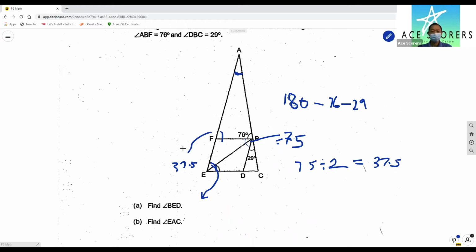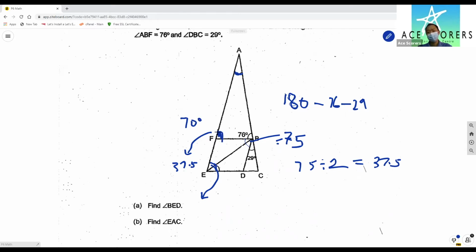Here also 37.5. Right? Wait, the answer is 29. Okay, sorry, it's 70. So this whole thing is not 37.5, sorry, it's 70, because you got to multiply by 2.